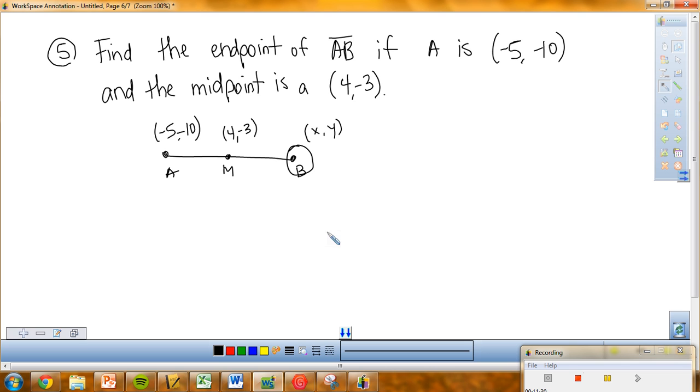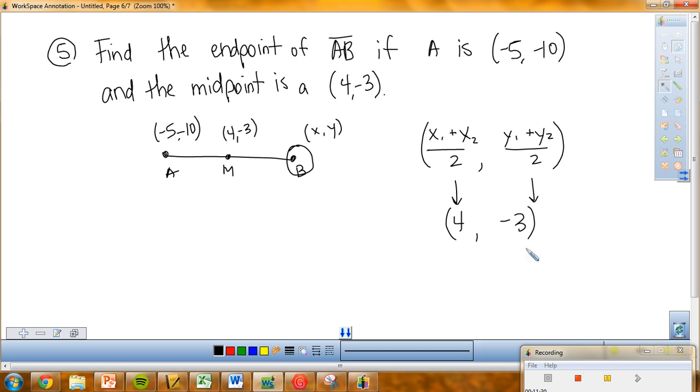So how can I do this? Well, there's a few different ways. You can count. That might be a little tricky. So an easier way is to work backwards. If I know that x1 plus x2 divided by 2 and y1 plus y2 divided by 2 gives me my midpoint, and I already know my midpoint, I know that this thing gives me 4 and this thing gives me -3, I need to work backwards.